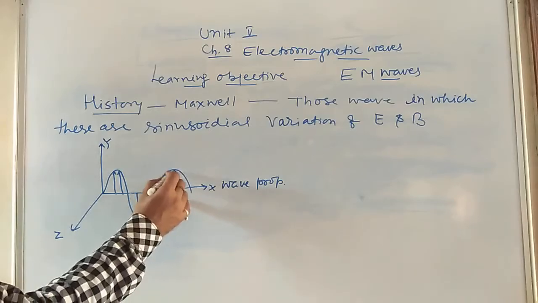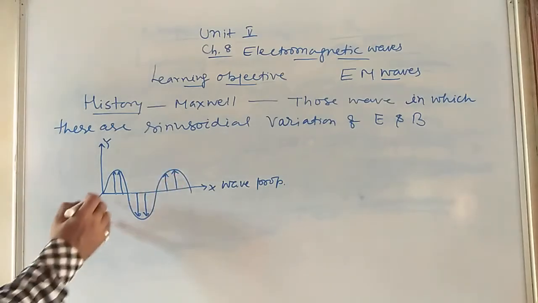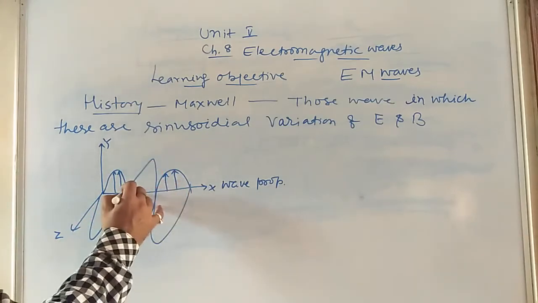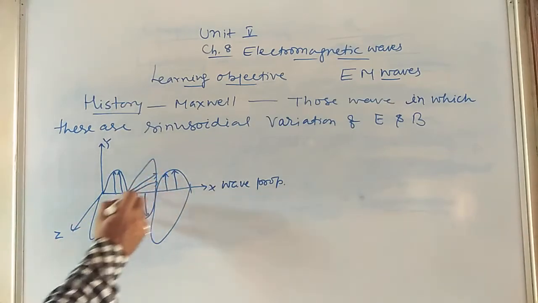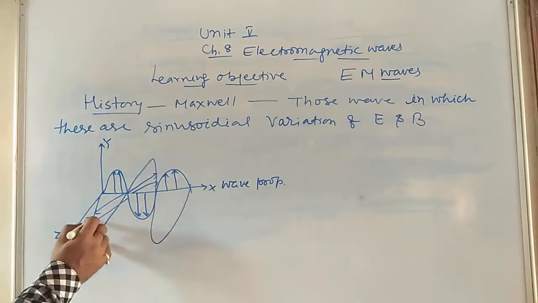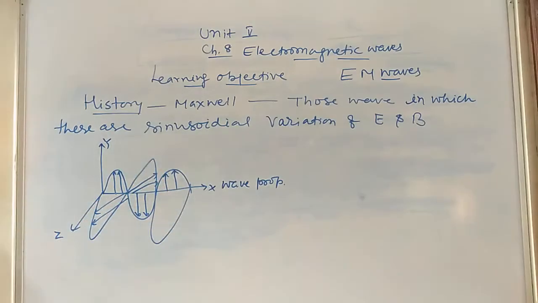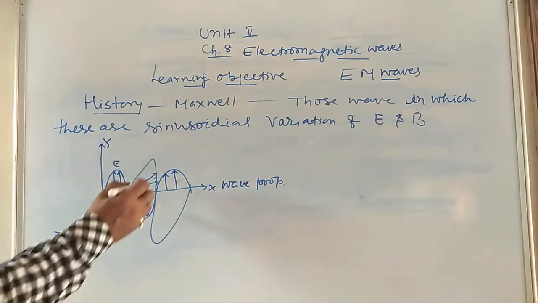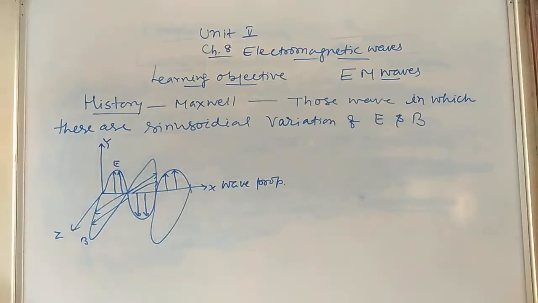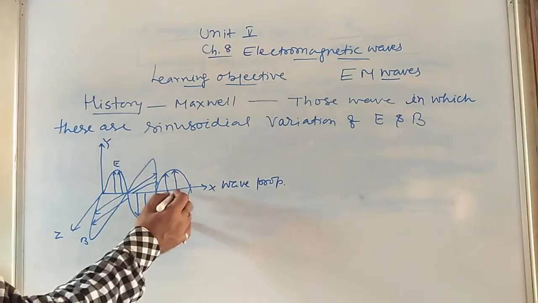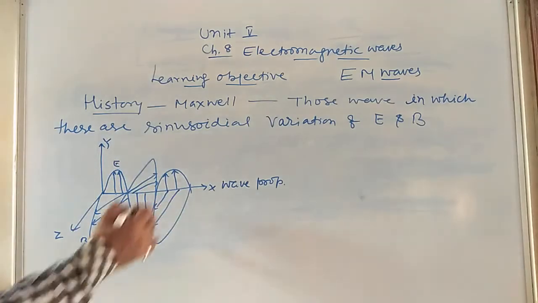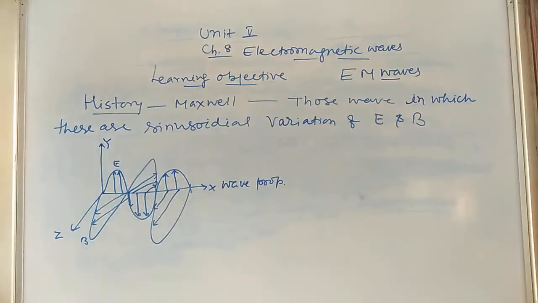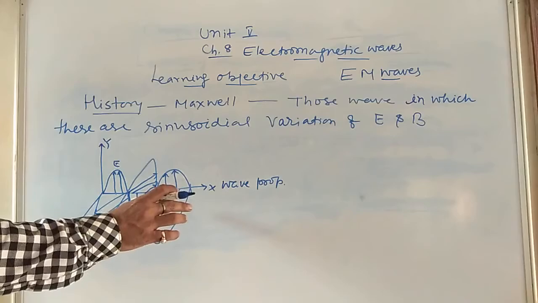This is the representation of electric field vectors, and perpendicular to this are the magnetic field lines in this manner. So this is the electric field vector and this is the magnetic field vector. They are perpendicular to each other. Now, all are at right angles to each other.